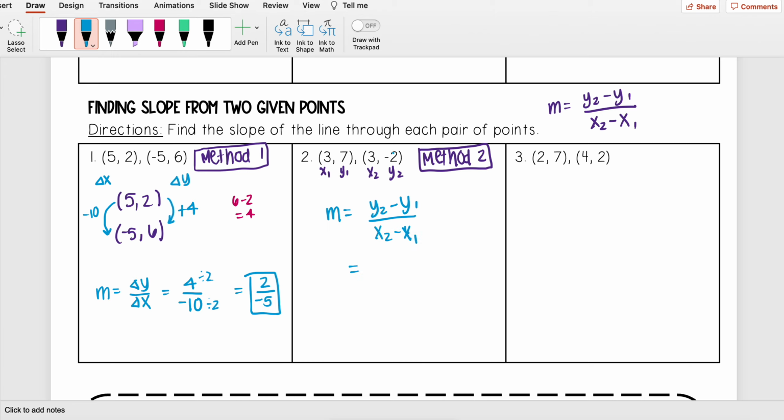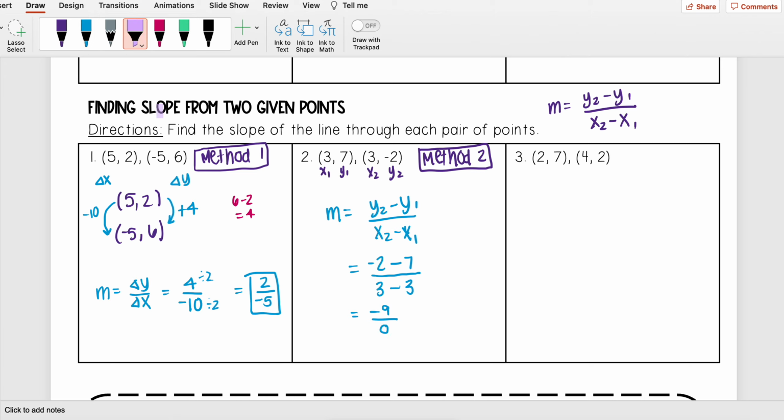Well, y2 we labeled as negative 2 minus y1, which we labeled here as 7. x2 is 3. x1 is also 3. And then now I can go ahead and subtract those. So negative 2 minus 7, I get negative 9. 3 minus 3, I get 0.